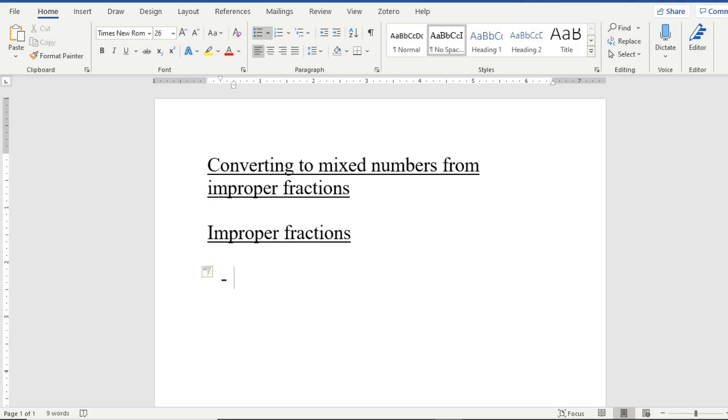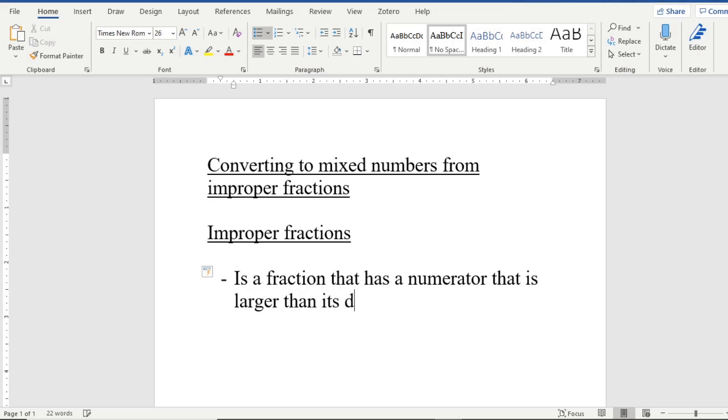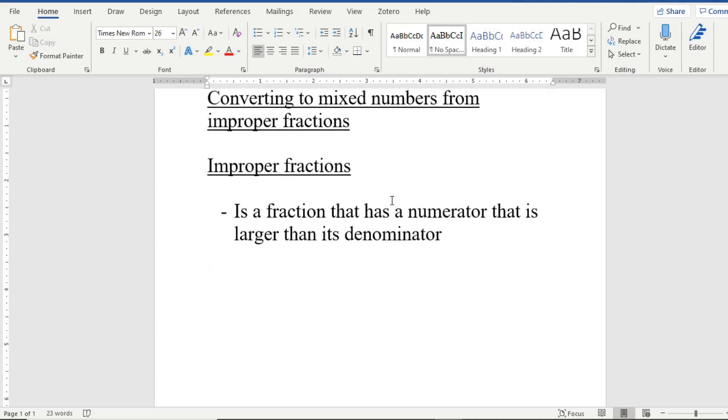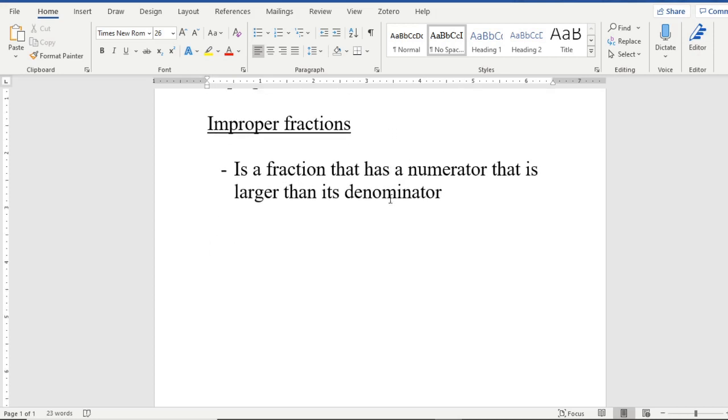So, an improper fraction is a fraction that has a numerator that is larger than its denominator. Basically, when the top is bigger than the bottom.